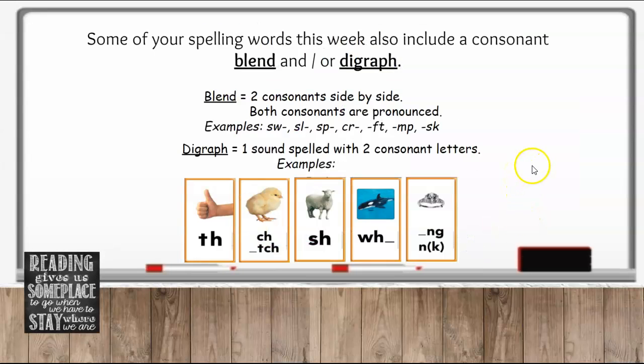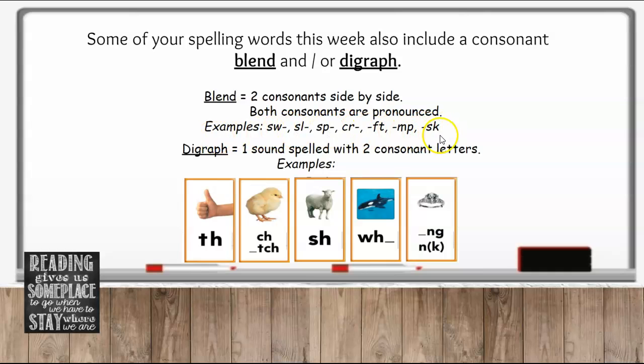All of our words also, or most of them, have either blends or digraphs. A big one that you saw today was the TCH, and it just says the ch sound. Okay, remember, blends are two consonants side by side, and both consonants are pronounced, like sw, sl, sp, kr, ft, mp, sk.